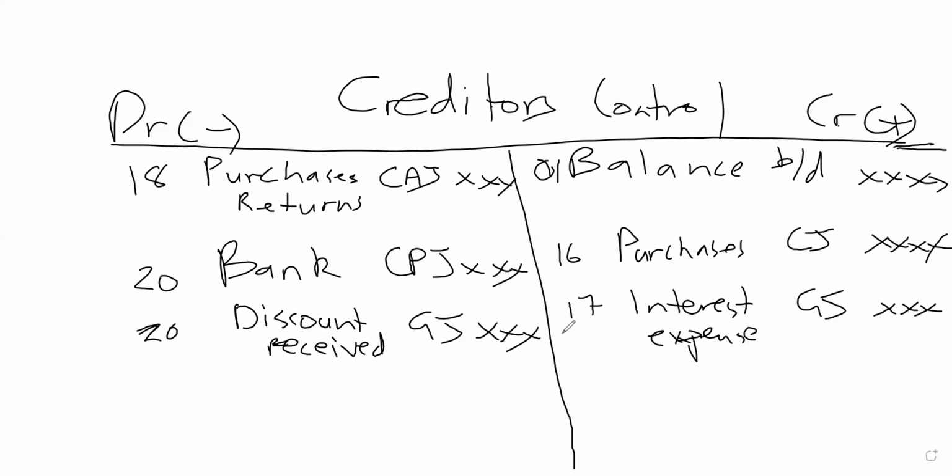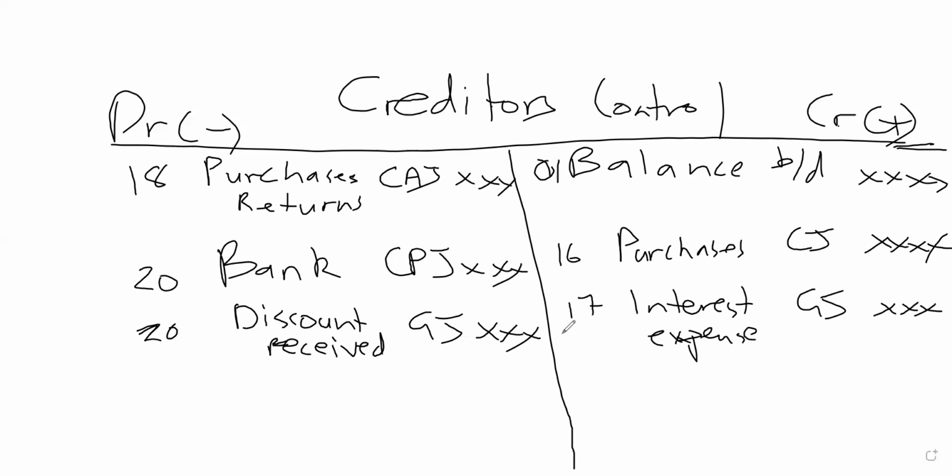Yeah, the balance carried down where it's supposed to go. But when you compare the debit side and the credit side, what are you trying to do? You're trying to identify which side is what? Which side has more? You're trying to identify the lesser side. Oh, okay. That's what you're trying to identify.